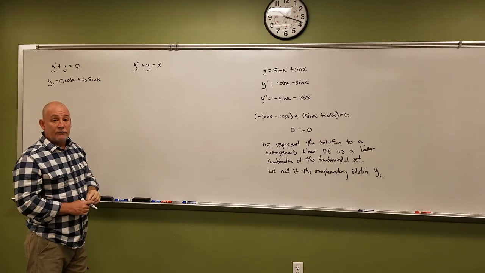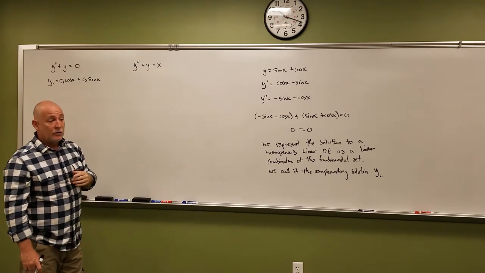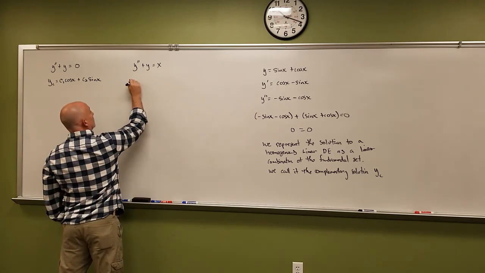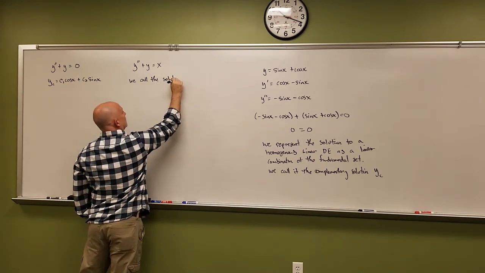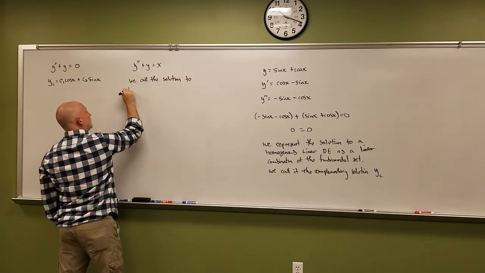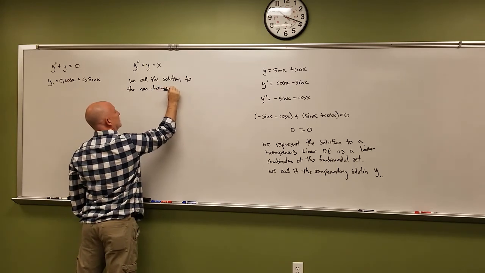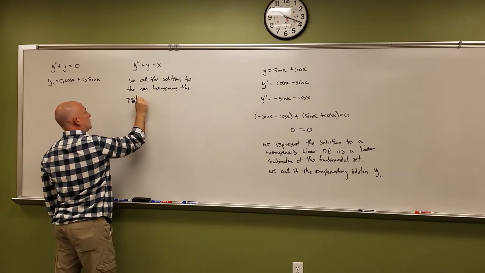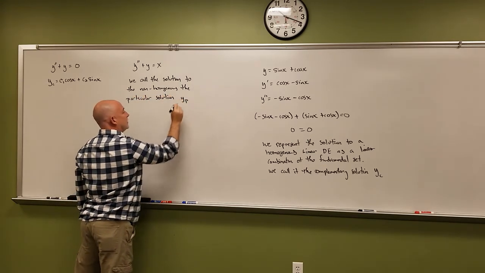But then I have to also find a solution that will actually produce x on this side. We generally call the solution to the non-homogeneous equation the particular solution, and we denote that y sub p.